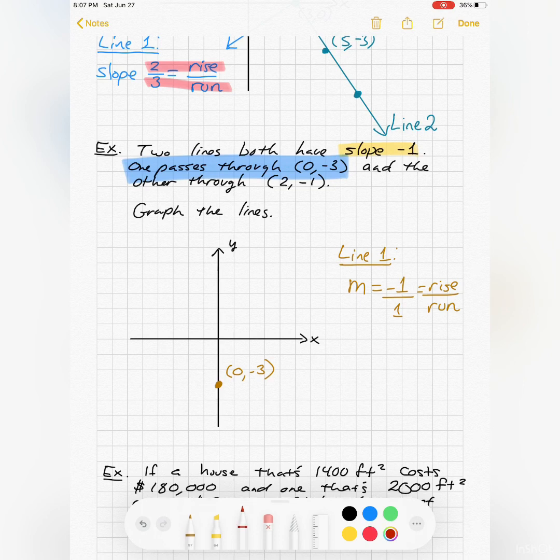So starting at that point, I fall by 1 for every 1 unit increase in x. Fall by 1 for every 1 unit increase in x. There's line number 1.